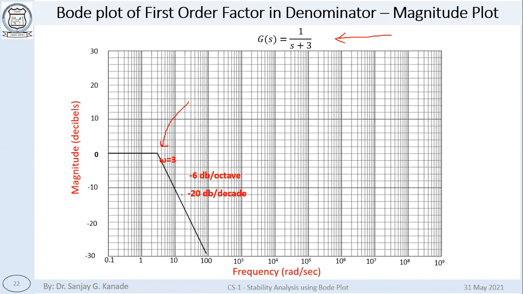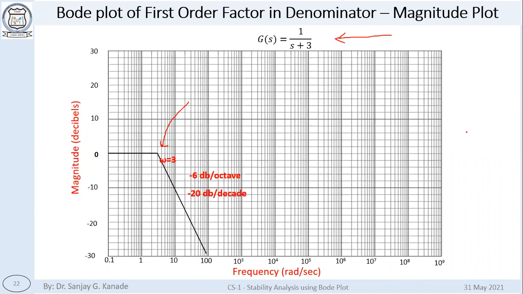For those multiple factors, we first make these lines as faint lines, and then we algebraically add all those lines, or algebraically add the values of those individual factors at each frequency. We will see how it is done. It will be clear from the example.